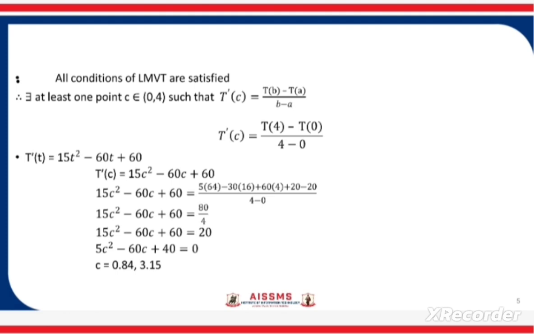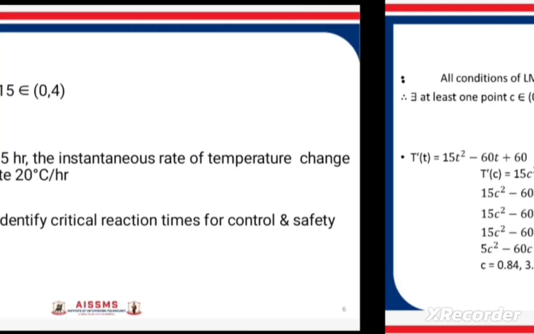We get two values of c, because this is a quadratic equation. So here we get c is equal to 0.84 and 3.15. Now we check whether these values belong to open interval (0, 4) or not. So it is clearly seen that 0.84 and 3.15 both values belong to open interval (0, 4).